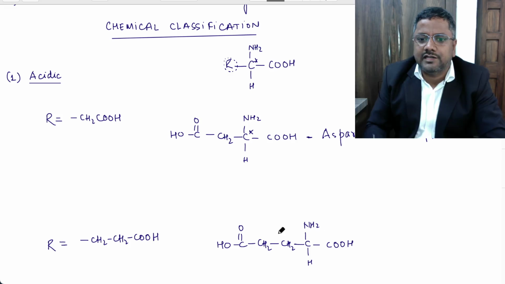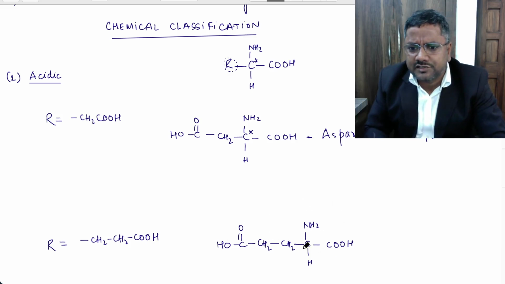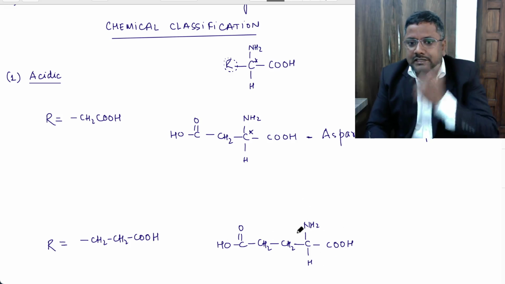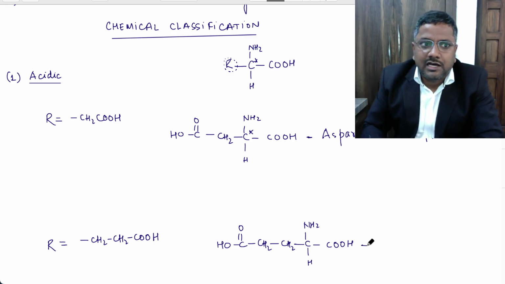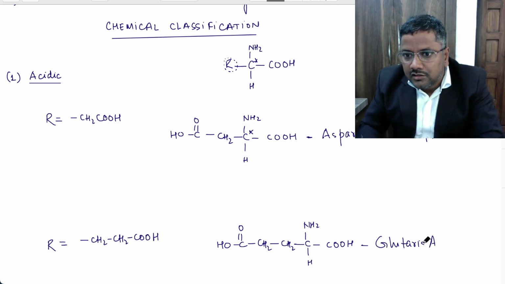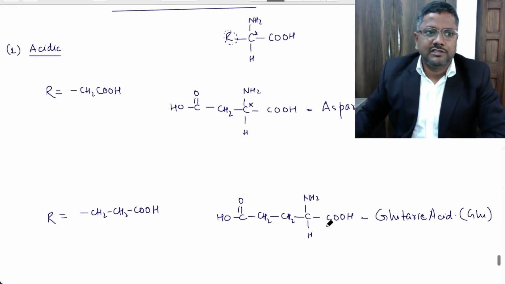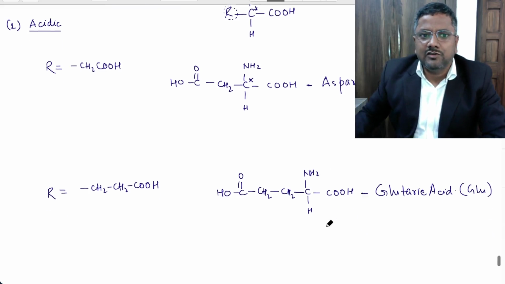See, two acidic groups are there. So the aqueous solution of this is acidic, and this is an acidic amino acid. The name of this is glutamic acid, and you can use the three-letter symbol GLU. So these two are acidic amino acids.